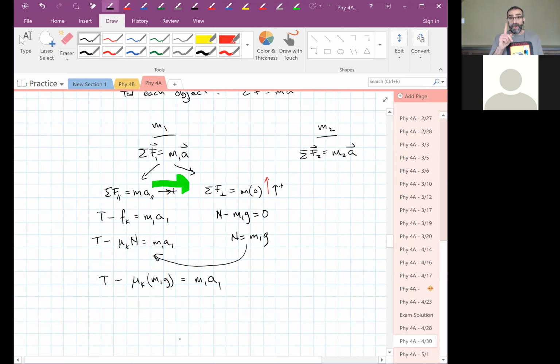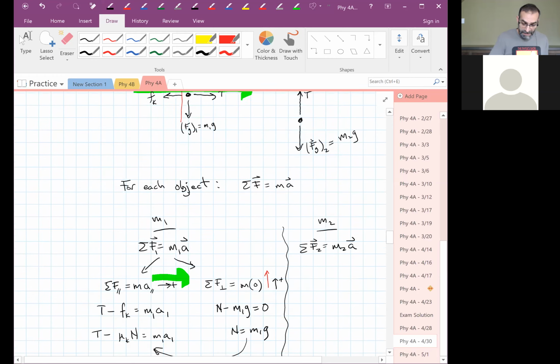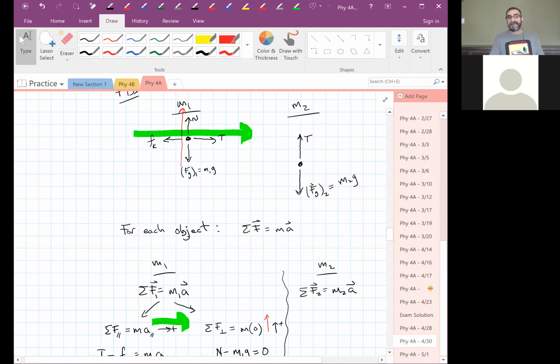So now I have one equation, but two unknowns, tension and acceleration. So I need another equation. Luckily, there's another mass in my system. Every mass in my system is going to give me an equation from F equals ma. So I come over here to mass 2. And 2 doesn't have any forces perpendicular to the direction of motion.